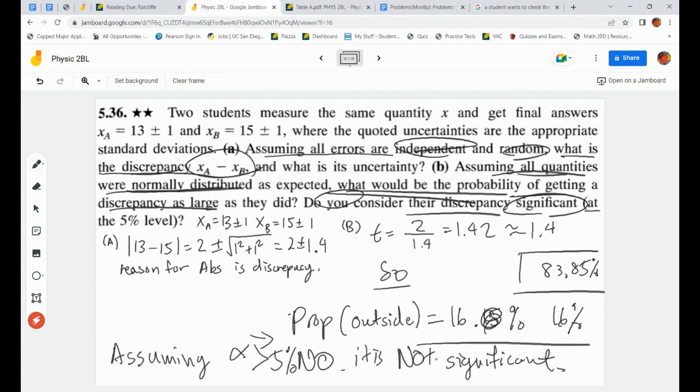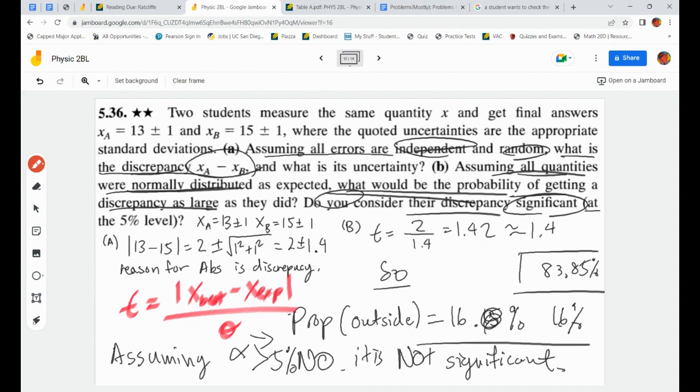If you want the full equation, it's t equals the absolute value of x best minus x expected, divided by this.